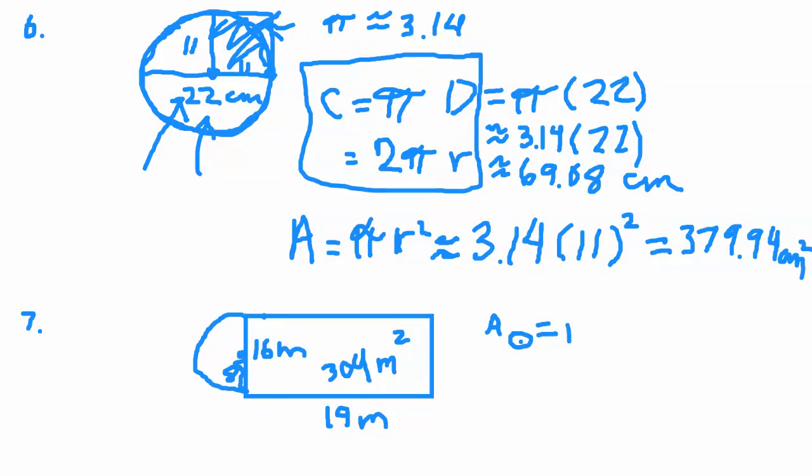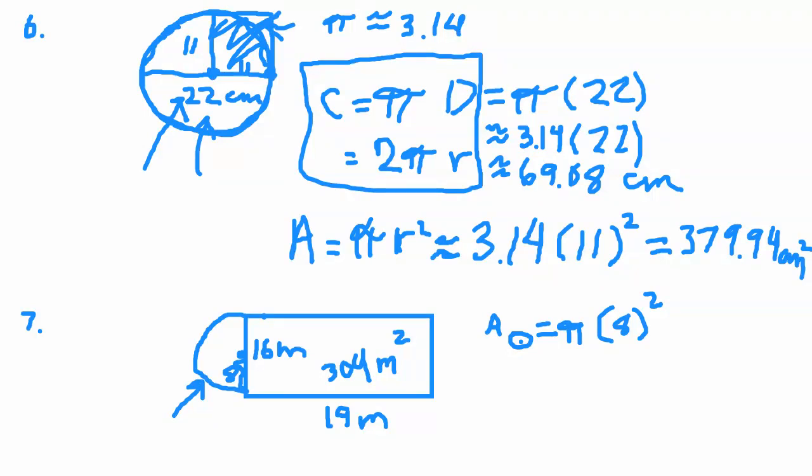So we've got pi times our 8 squared. And we're told to use 3.14 as the approximation. But there's something that we have to keep in mind, is that this is a half circle, it's not a full circle.